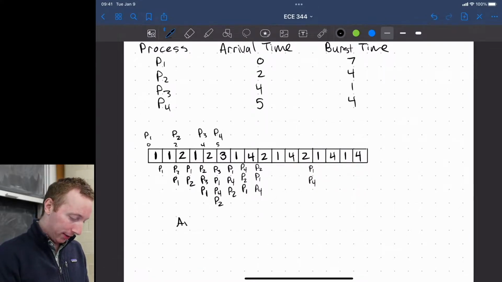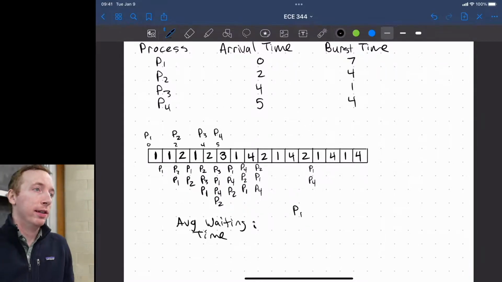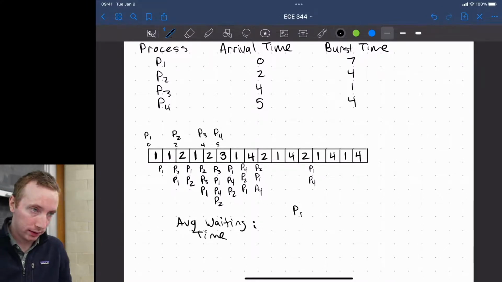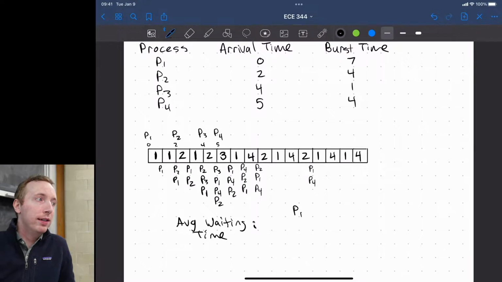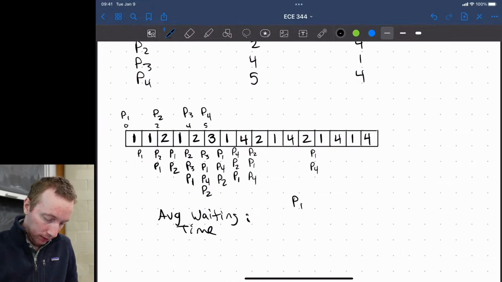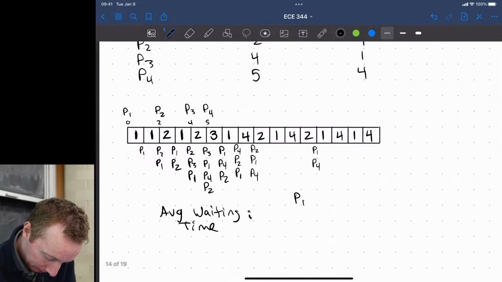All right, so now we can do our average waiting time. So what's our waiting time for P1? Average waiting time for P1 is 8.